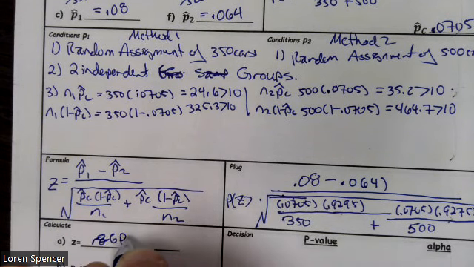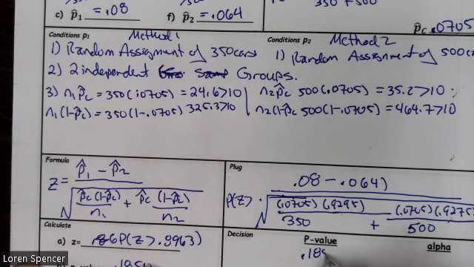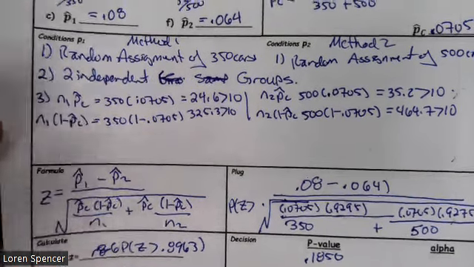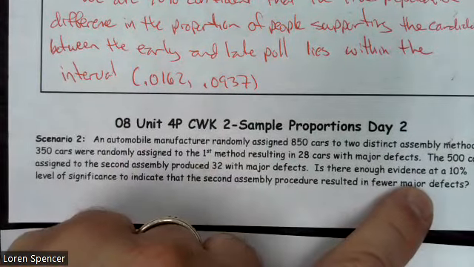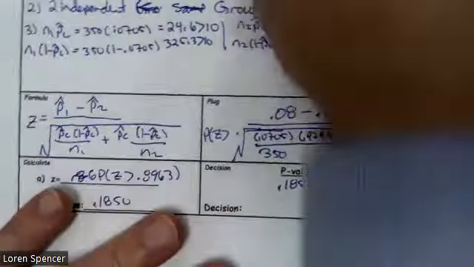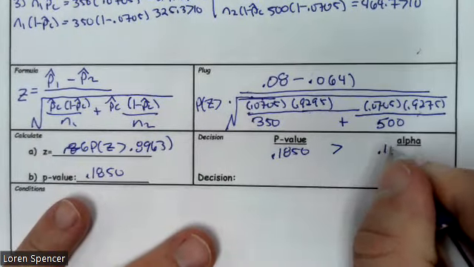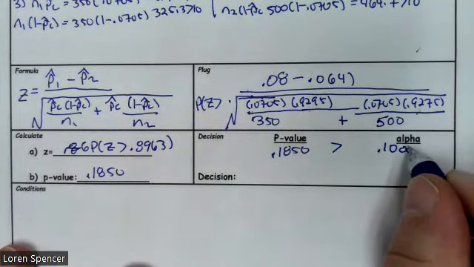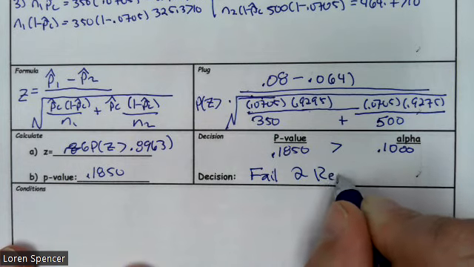So we want the probability that Z is greater than 0.8963, and it turns out that that's 0.1850. I need to flip back. It told me an alpha level of 10%. Well, this is greater than an alpha level of 10%. So in this case, we're going to fail to reject.